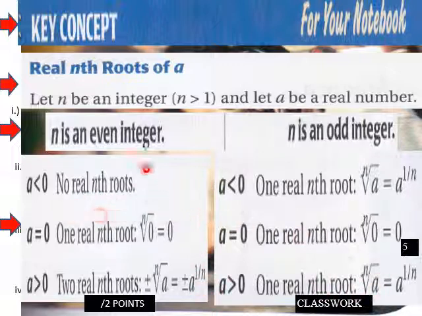A is less than 0, no real nth roots. A equals 0, 1 real nth root. When a is greater than 0, 2 real nth roots, plus or minus the nth root of a equals plus or minus a to the 1 over n. It's an important classwork sheet for students to take down.